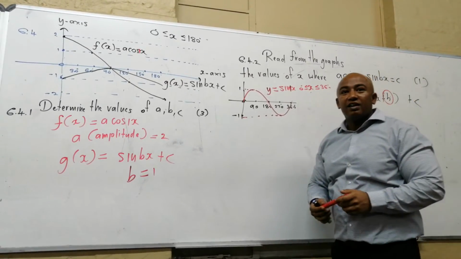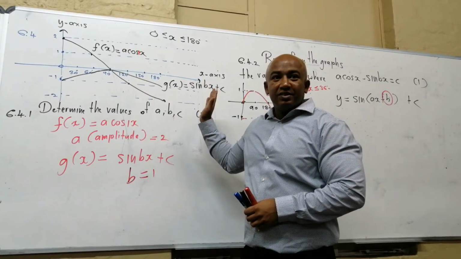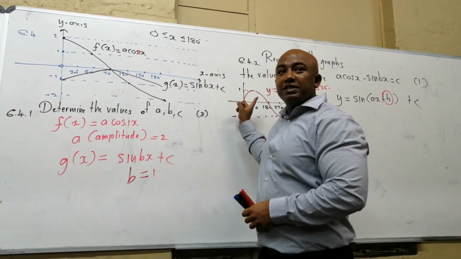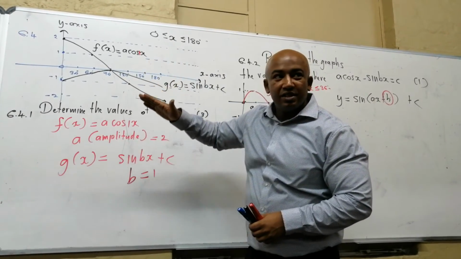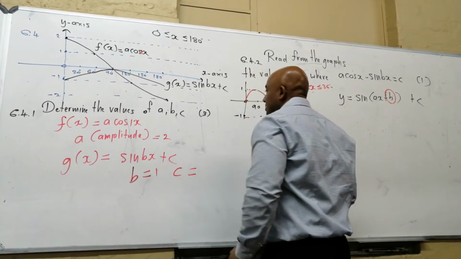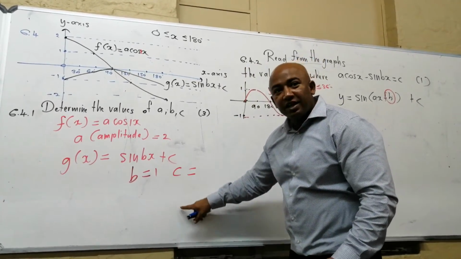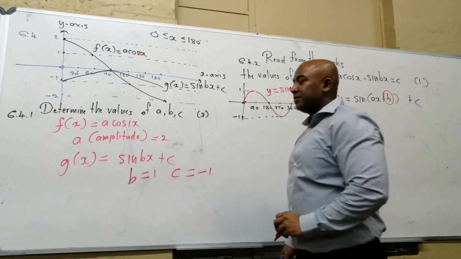What has made this graph change is not left or right. Okay, it's still the same basic sine graph, but this graph has been moved 1 unit down. So therefore, c, this value here, bringing it down, what will it be? -1.